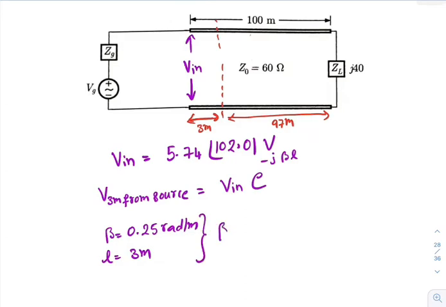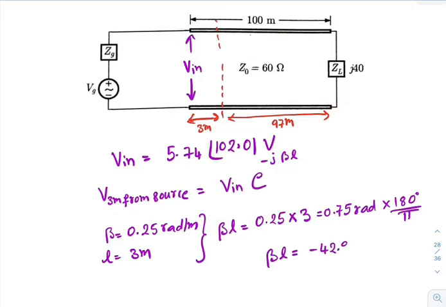The product of beta L is equal to 0.25 multiplied with 3, that is equal to 0.75. Upon converting it into degrees, that is 180 degrees by pi, you will get beta L value equal to minus 42.97.